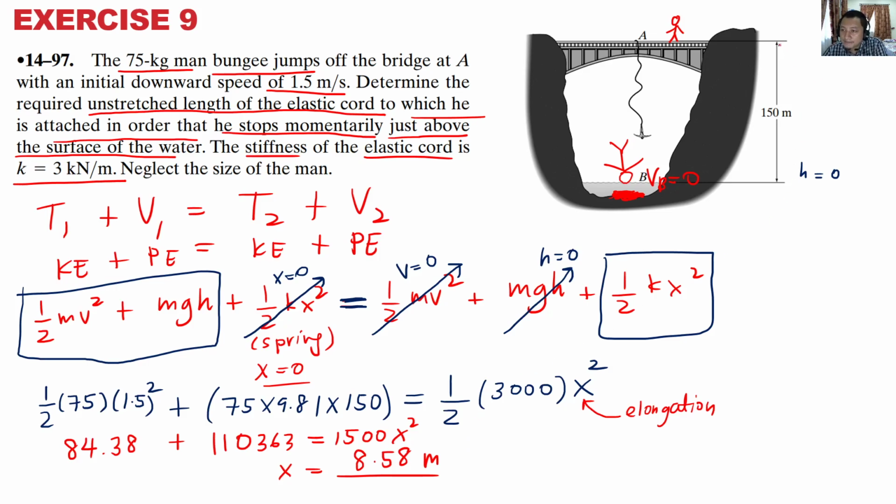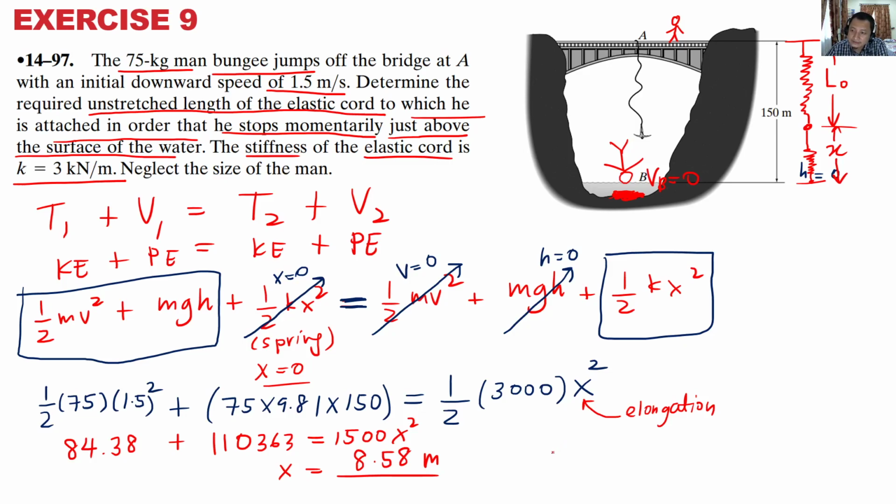So when it drops, it has the original spring length plus the elongation, so two parts. This is the elongation. This is the original spring length L0. This is X. So what is L naught? We know the elongation is 8.58.